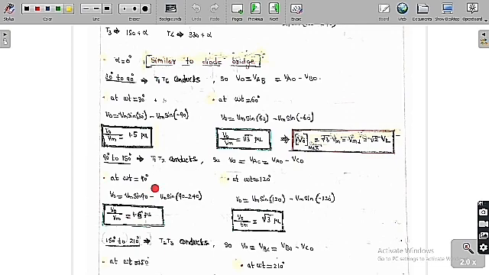Substituting, Vm sin omega t at 90 minus Vm sin of omega t minus 240, because VC0 is Vm sin omega t minus 240. We get V0 equal to Vm into 1.5, or V0 by Vm equal to 1.5 per unit. So at omega t equal to 90 degree the per unit value is 1.5, which we have drawn in the graph.